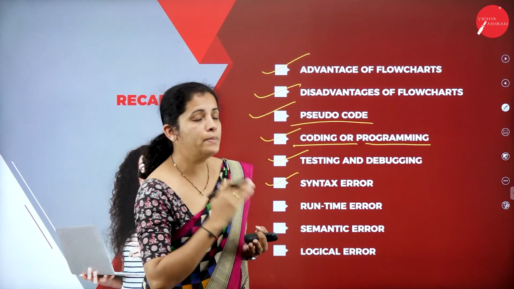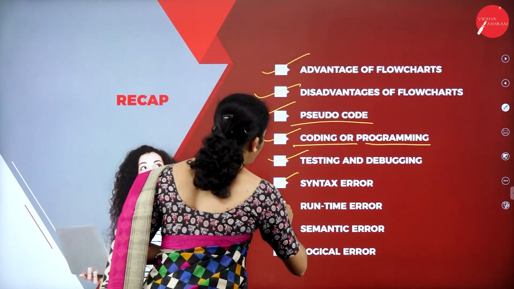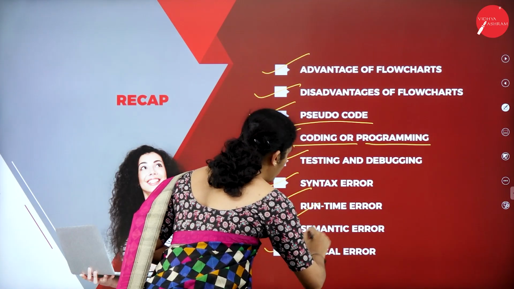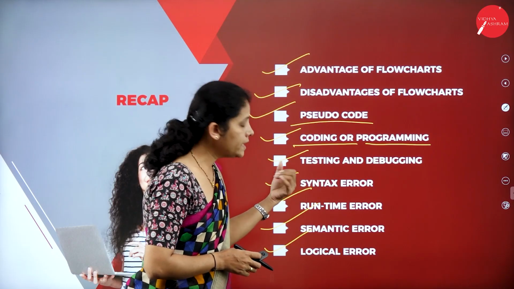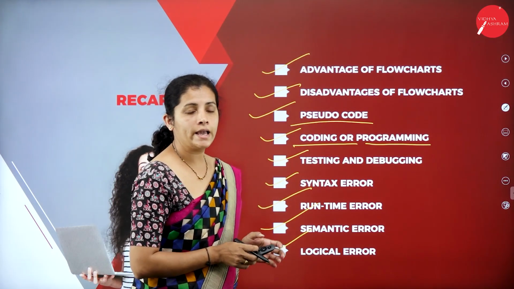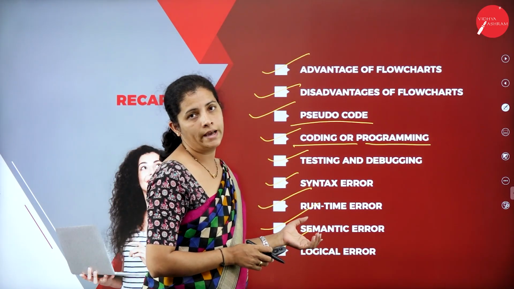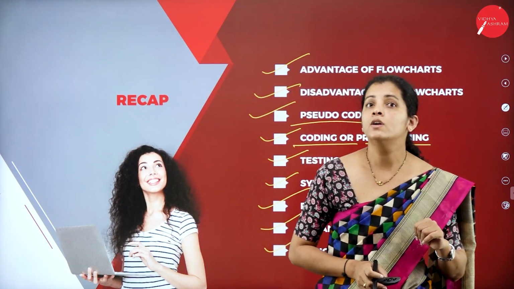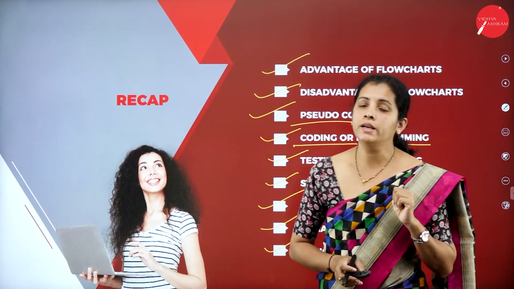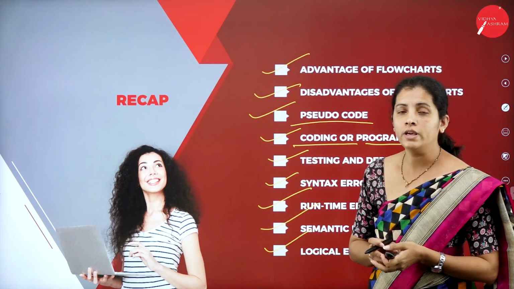During debugging, I'm going to have 4 different kinds of errors, that is syntax error, runtime error, semantic error and logical error. These are the 4 different types of errors I'm going to get during the execution of the program.